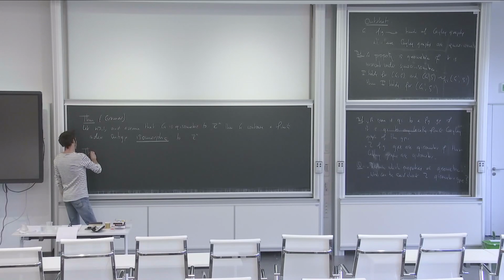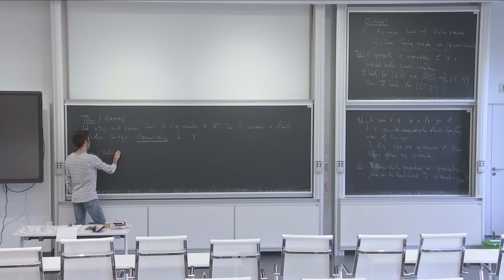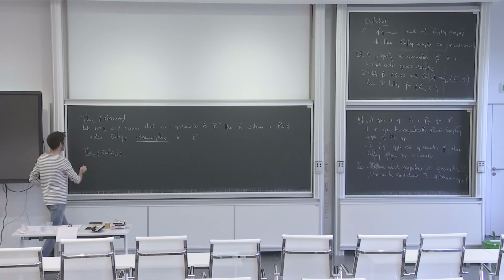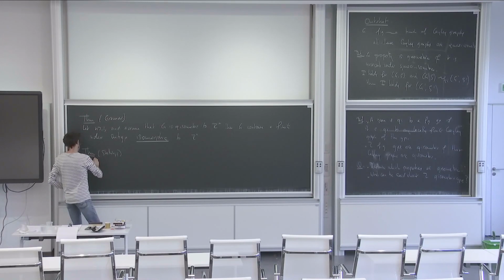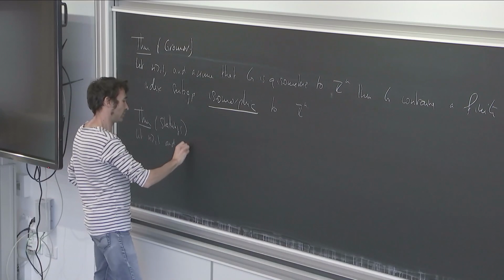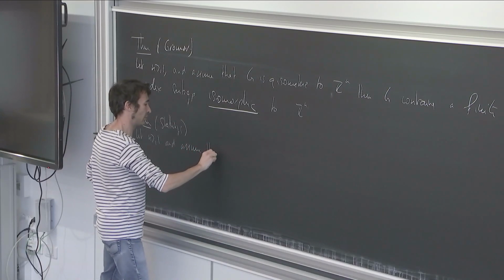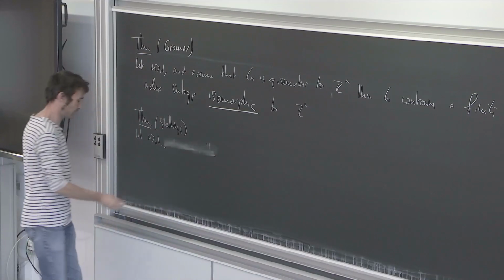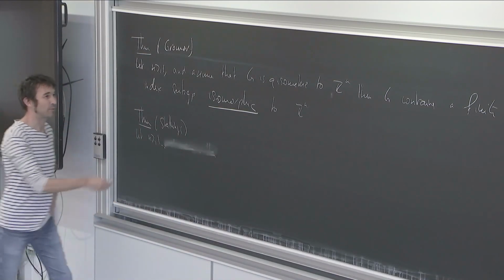And there is another result in the same vein. So this is due, I guess, to Stallings, where I replace Z^n by free groups. So let n be at least 1, and assume, I will write it a little short. I will be a little more efficient.